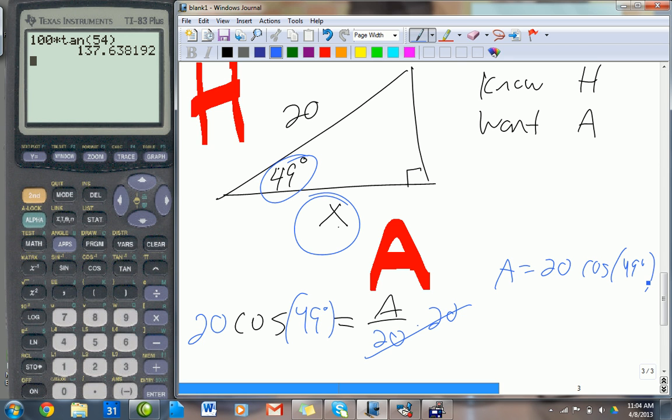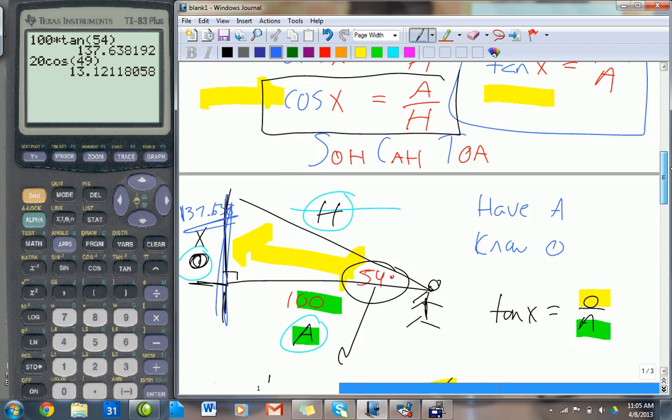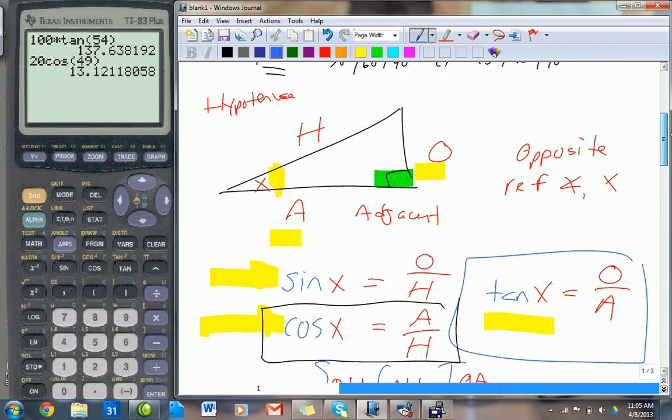I don't know what that is, but I can use my calculator. 20 times cosine 49. You guys doing this at home with me? Excellent. Press equal. There's my adjacent side, approximately 13.121.